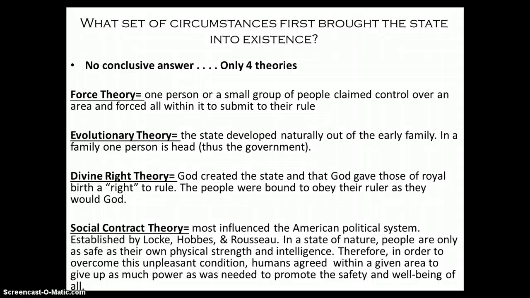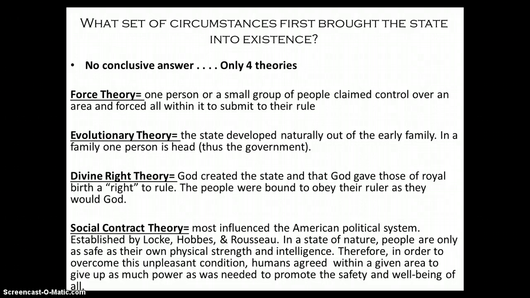The final theory is called the social contract theory, and this has most influenced our American political system. This was established by a number of well-known philosophers, Locke, Hobbes, Rousseau, and what these philosophers stated is that before the state came into existence, people lived in a state of nature, where really their safety was dependent on their strength and their intelligence.